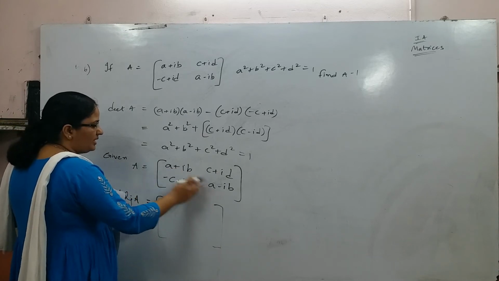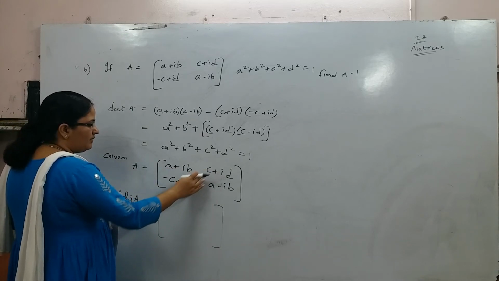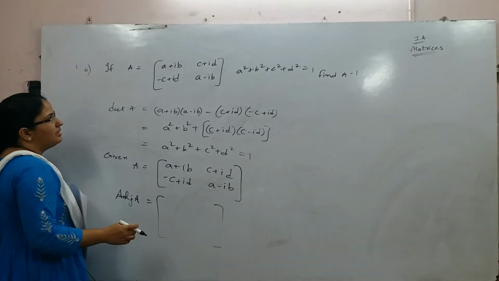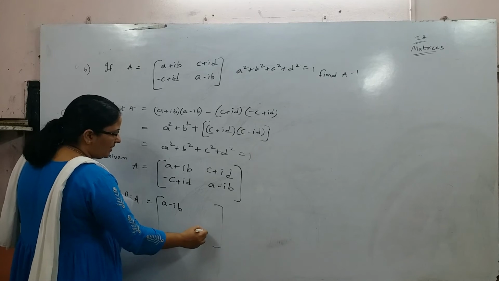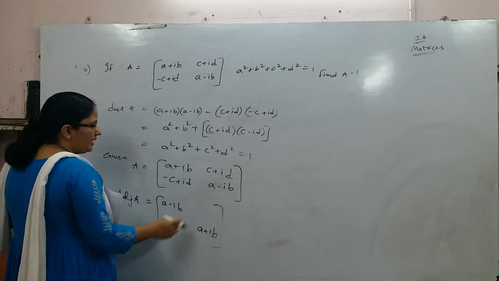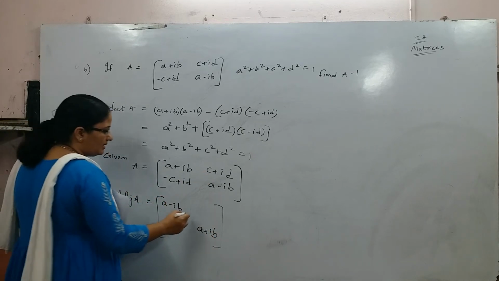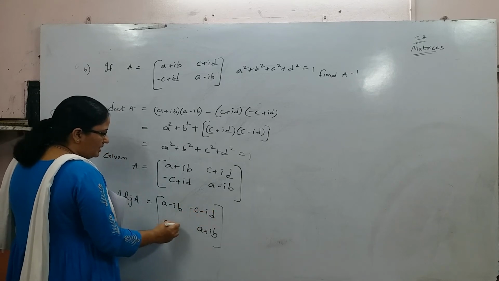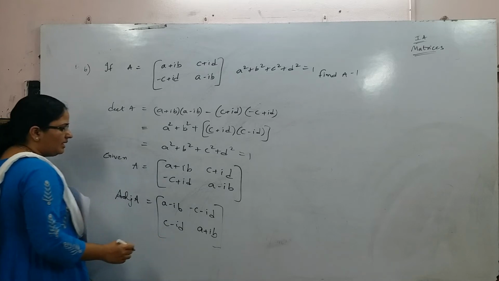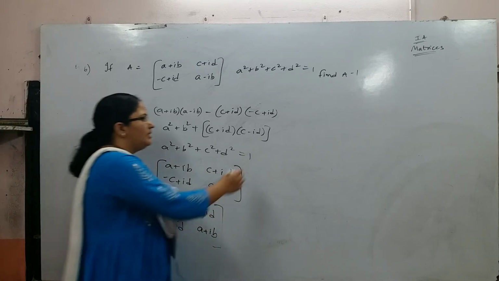Exchange the position of these two elements and take minus for these two elements. So how do you do it? Here you will write a minus ib, here a plus ib, and here you will take the negative of this, that is minus c minus id, c minus id. This is the adjoint of A.